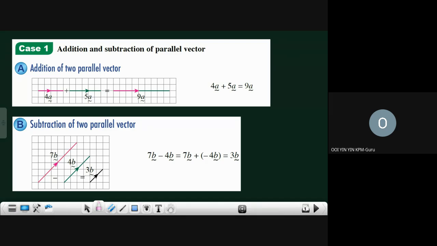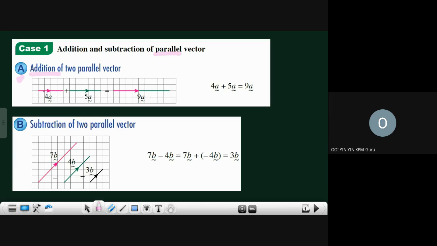Okay, now we start with a very simple one. Parallel vectors. We start with a vector which is horizontal like this. Let's say this first vector here, as you can see, is your A. Now addition of two parallel vectors, two parallel vectors. Here is the first vector, 4A.